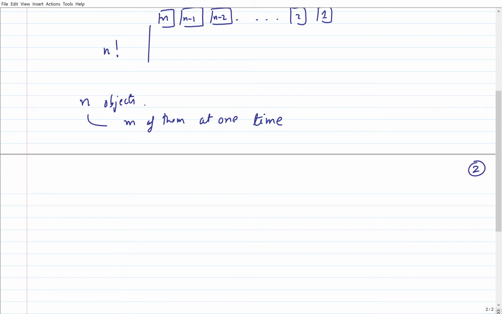Which can be called the number of ordered subsets containing m objects out of n.